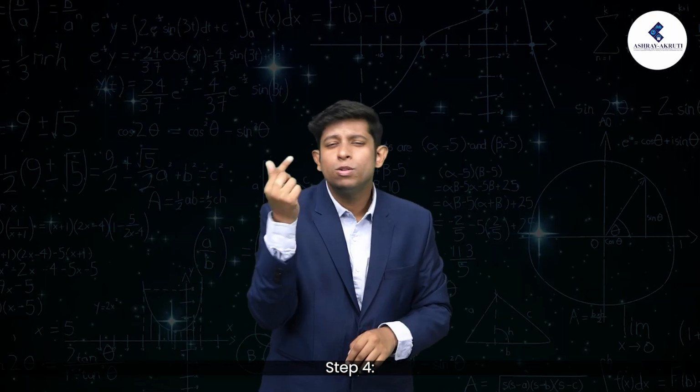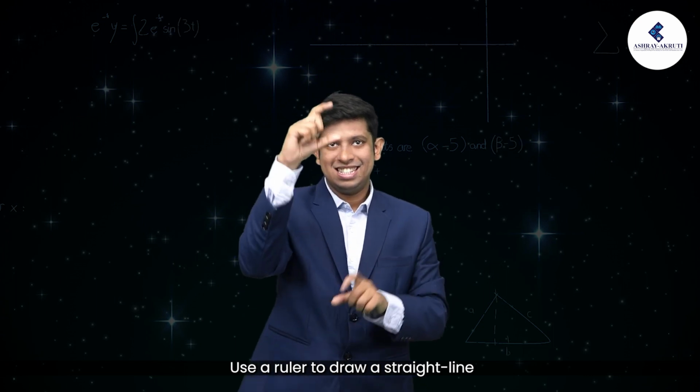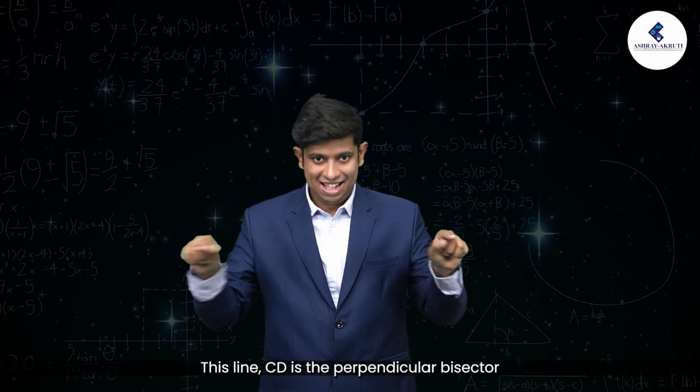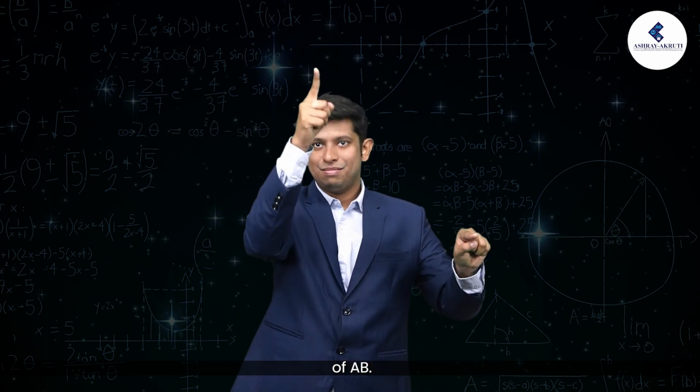Step 4. Use a ruler to draw a straight line connecting points C and D. This line CD is the perpendicular bisector of AB.